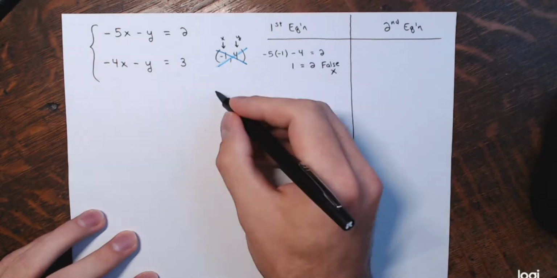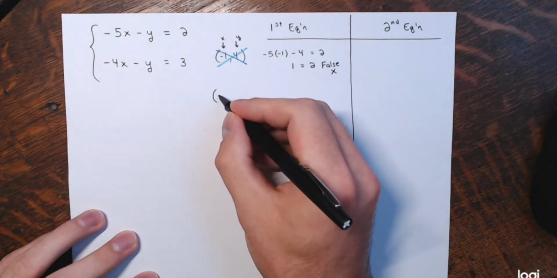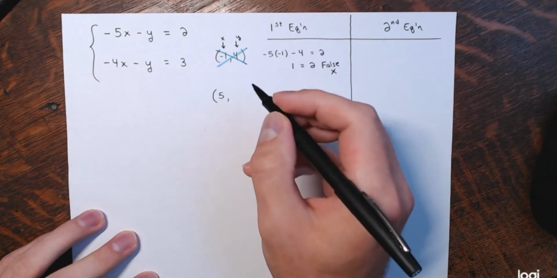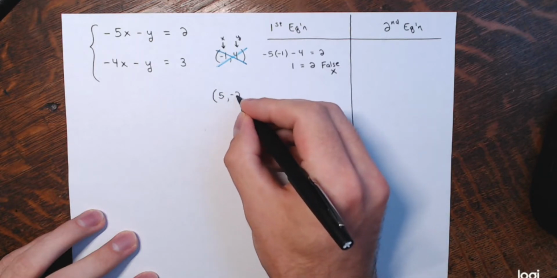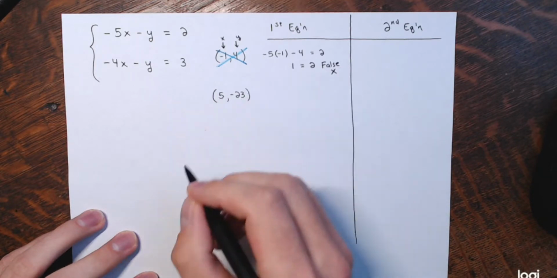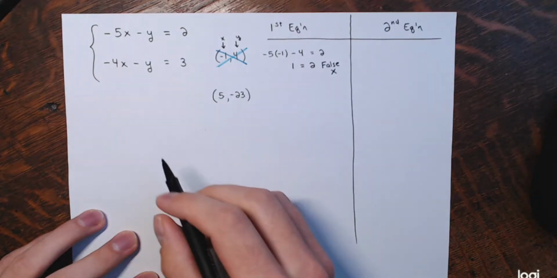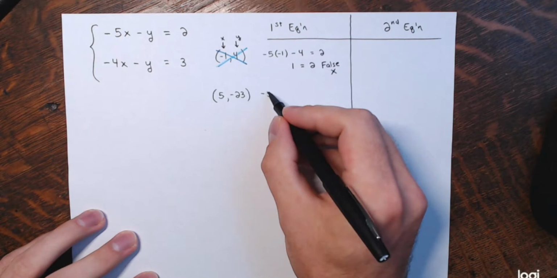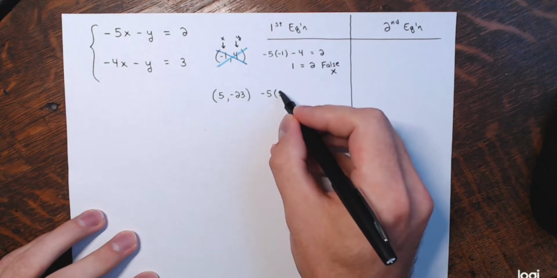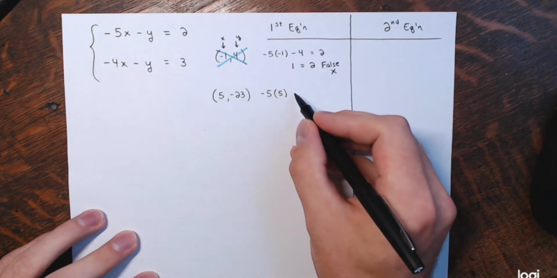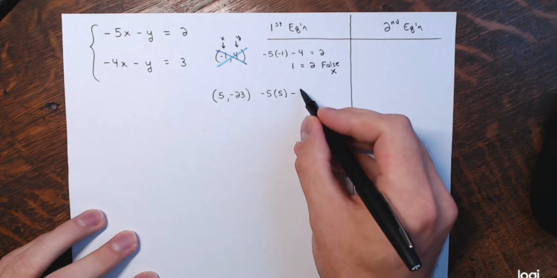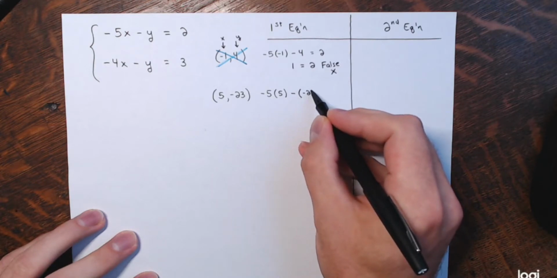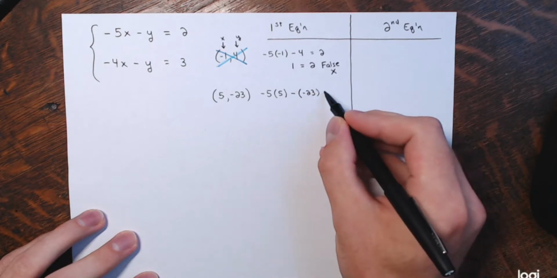The next ordered pair we're given to check is the ordered pair 5, comma, negative 23. So 5 for x, negative 23 for y. First equation, we have negative 5 times x, negative 5 times 5, minus y, minus negative 23, which will become plus 23.